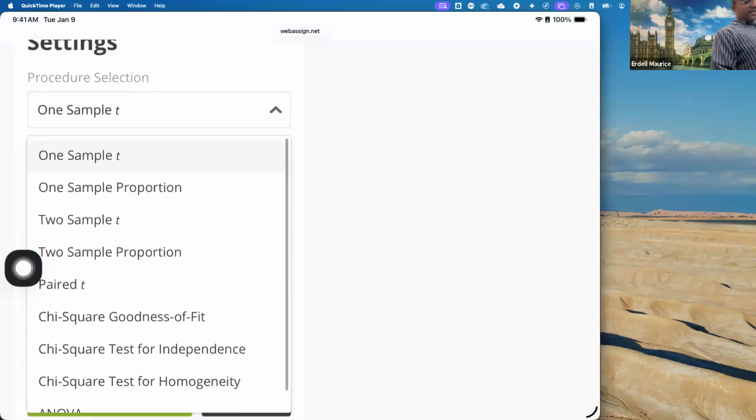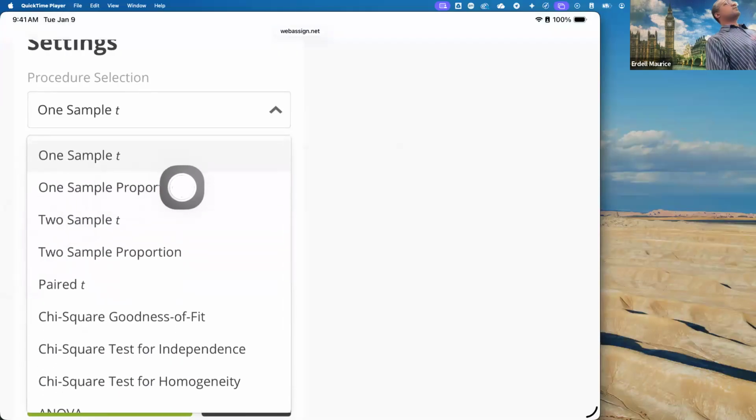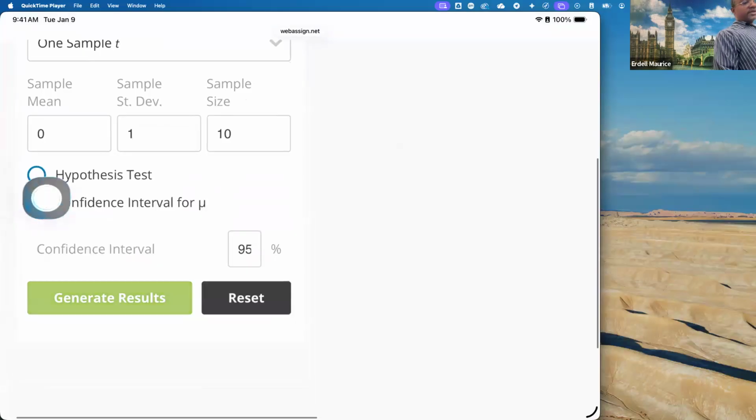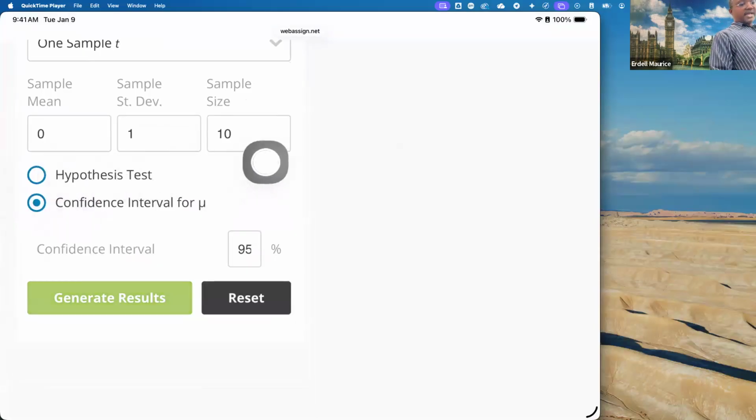But there is no one sample Z. You just click on confidence interval. You put in the mean, standard deviation, sample size, and the confidence level. Remember, you need 4 numbers to create a confidence interval. Then you hit calculate and it'll do it for you. But we'll do that next time. Questions there? That's basically the end of 7.2.